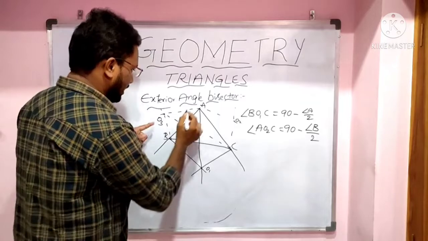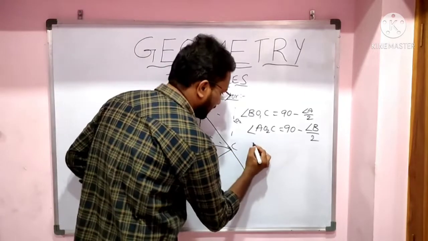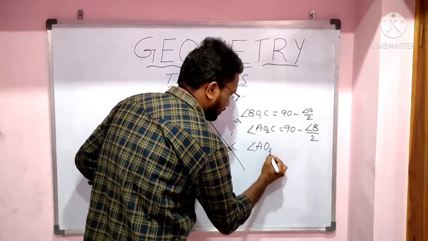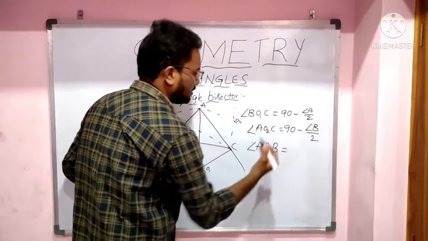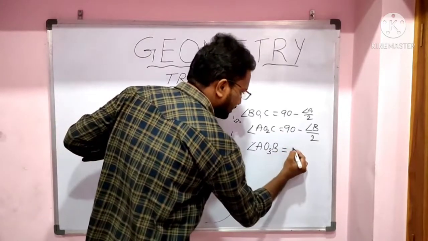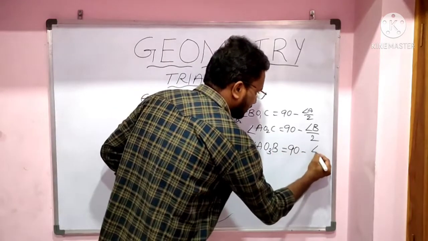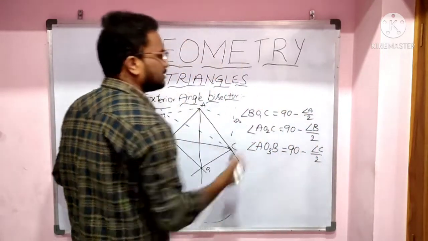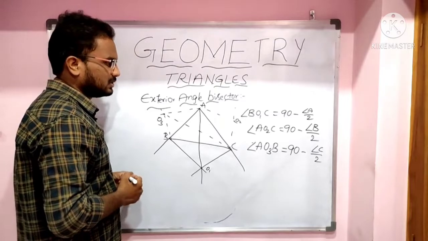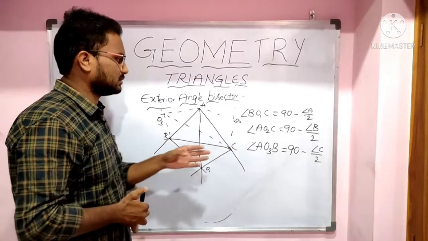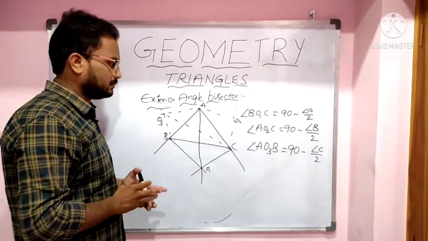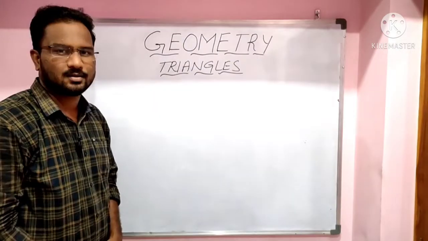Then angle AO3B is equal to 90 minus angle C by 2. These are the three properties of exterior angle bisectors.